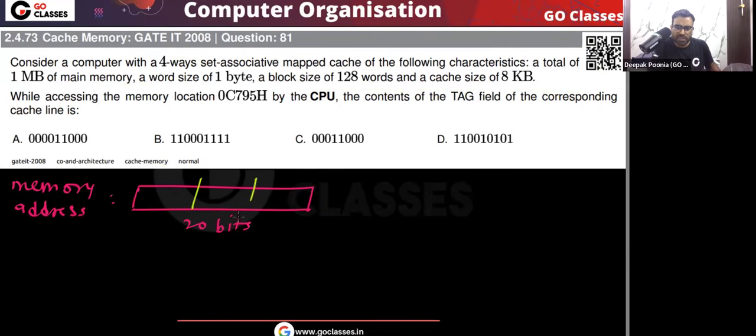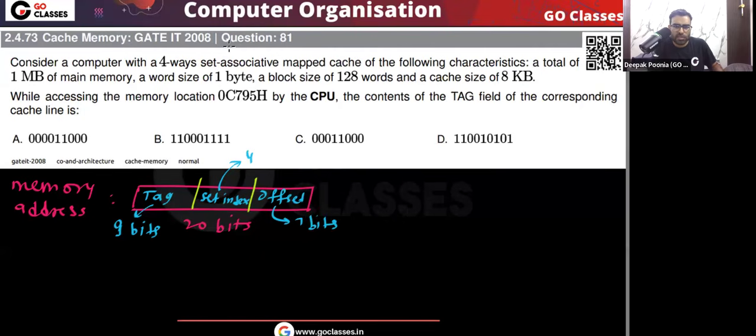And in the set associative cache, this memory address I can divide into 3 parts: tag, set index, and block offset. So you can see for tag, we need 9 bits. And you know that for the set index, we need 4 bits. And for offset, we need 7 bits. This we have already found.